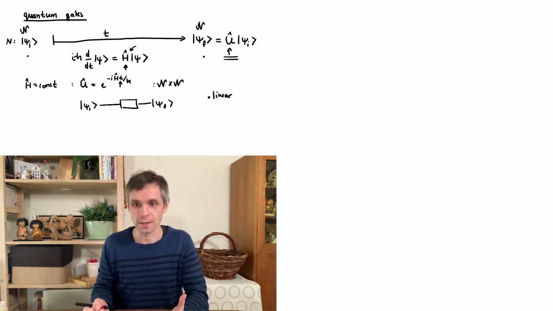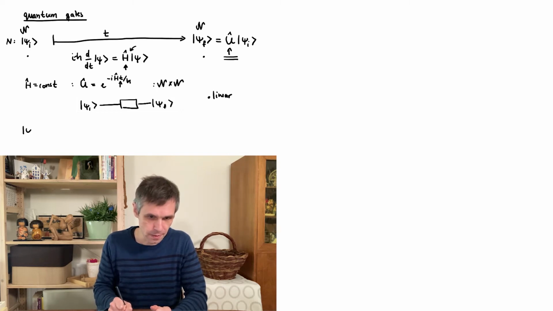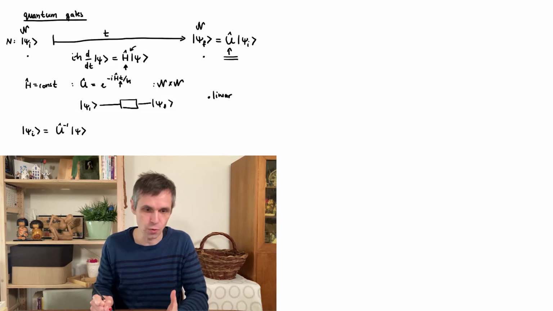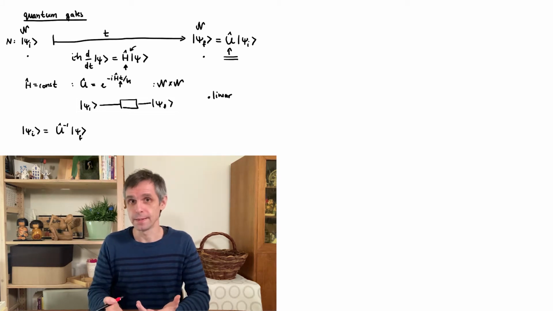Another striking fact of this general relation is that it can be inverted. So we can always write our initial state in terms of the final state by just using the inverse of the time evolution operator. And this can indeed be achieved physically for many systems by reversing the processes by which they evolve, for instance by changing the sign of a magnetic field acting on a spin.